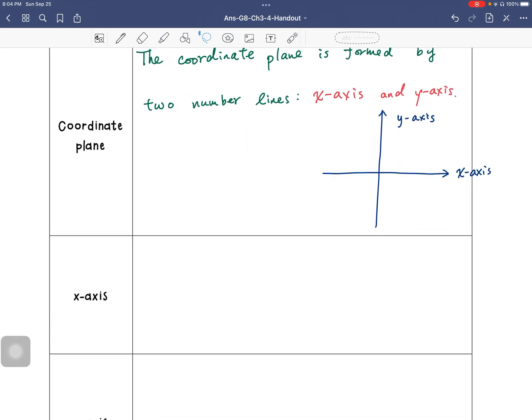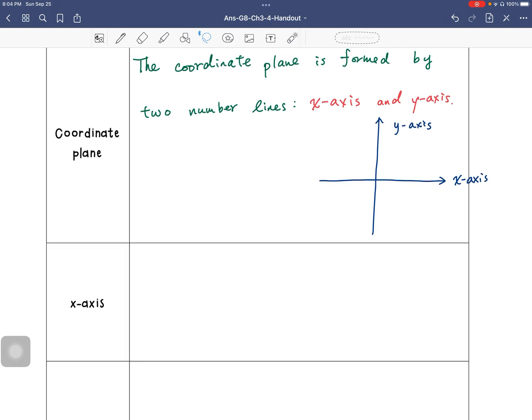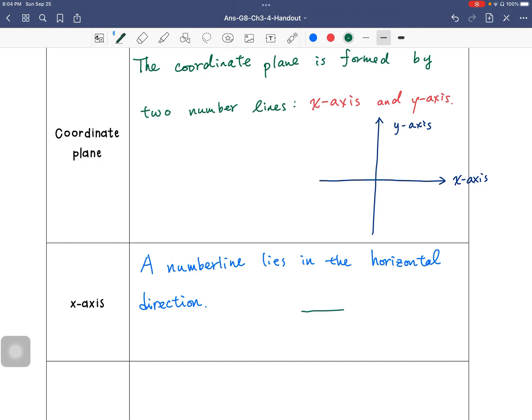So what is the x-axis? The x-axis is a number line that lies in the horizontal direction.